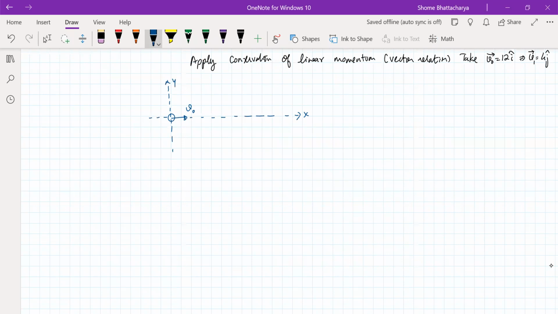So that automatically means that my y-axis becomes along the direction of the final velocity. So my momentum conservation equation, when I write it, becomes very simple.